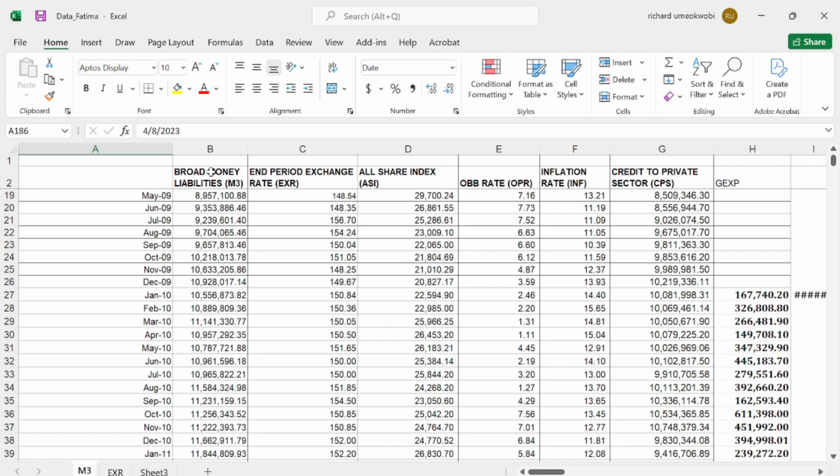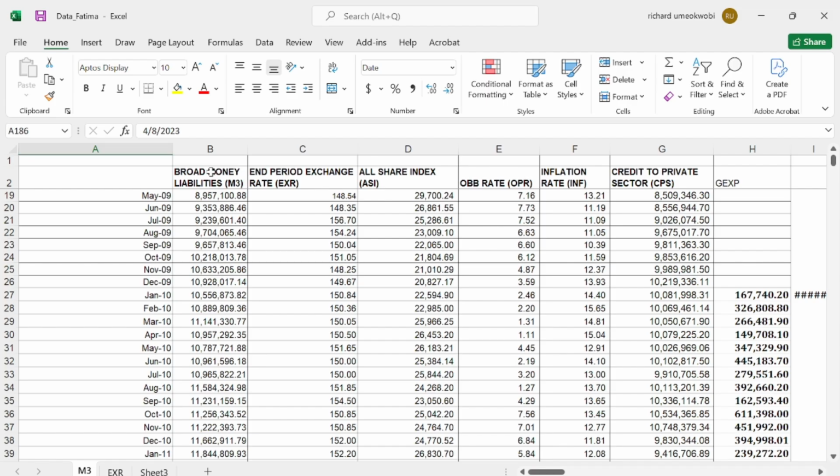The DMBs see the rate changes and the amount of money in circulation, and the OBB is a market rate which fluctuates in order to capture these movements in liquidity in the banking system. So looking at the OBB rates, you are able to know whether there's too much money in the banking system or not.